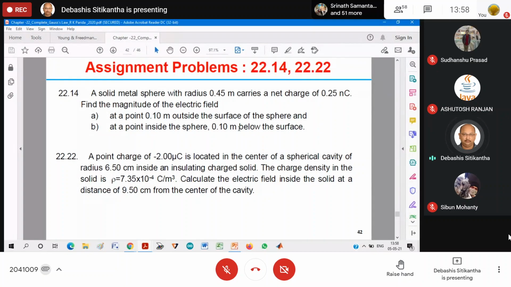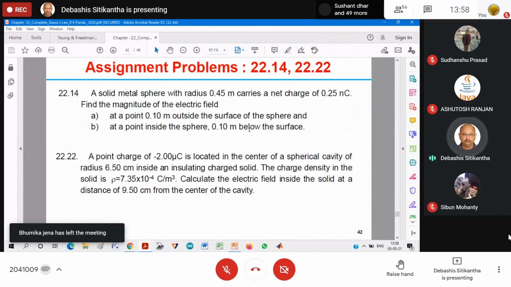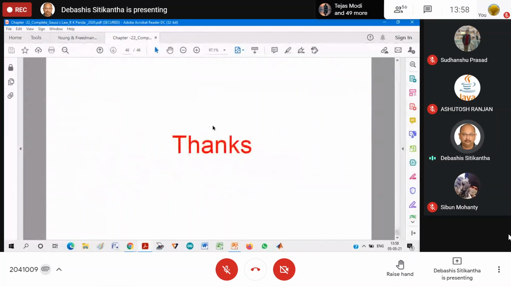Keep it with you. Whenever I ask for it, you will take a photocopy and send it to me by converting it to a PDF. So we'll end our class over here. Tomorrow first I will try to solve these two problems. Then we will move on to the next chapter, chapter number 23.